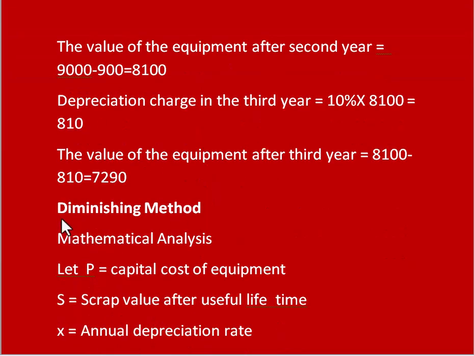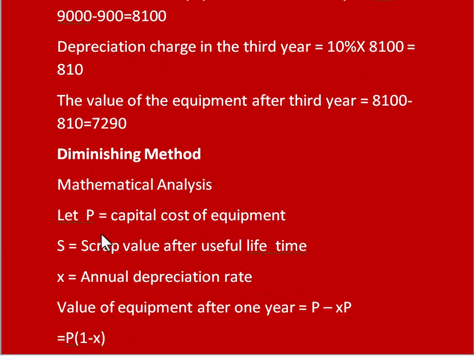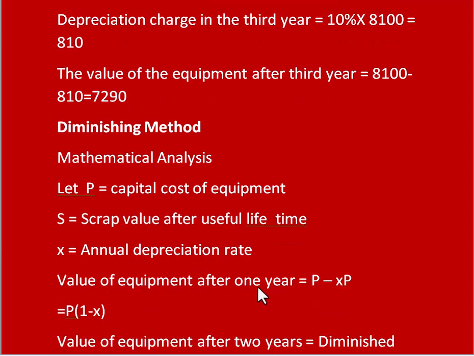Now let us take the mathematical analysis for this diminishing method. Let P be the capital cost of the equipment, S the scrap value after the useful lifetime of the equipment, and X the annual depreciation rate. Then the value of the equipment after 1 year is P minus XP.